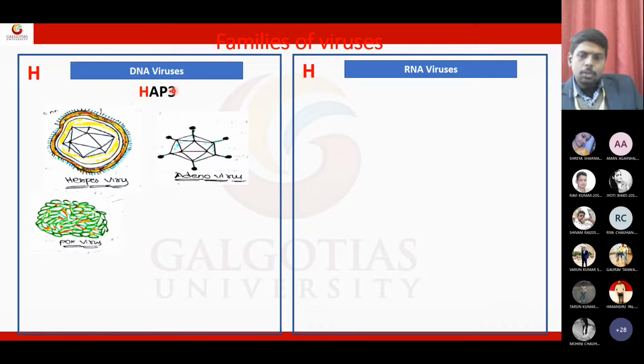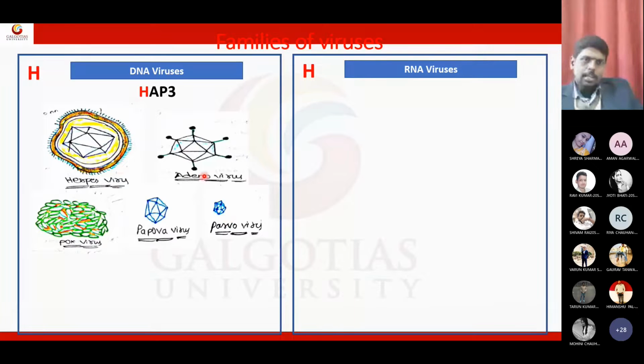I said P cube: Papovaviridae, Parvoviridae. These are the important families in DNA viruses: Herpesviridae, Adenoviridae, Poxviridae, Papovaviridae, and Parvoviridae. By the way, Papova and Parvo are also relatively the smallest viruses.